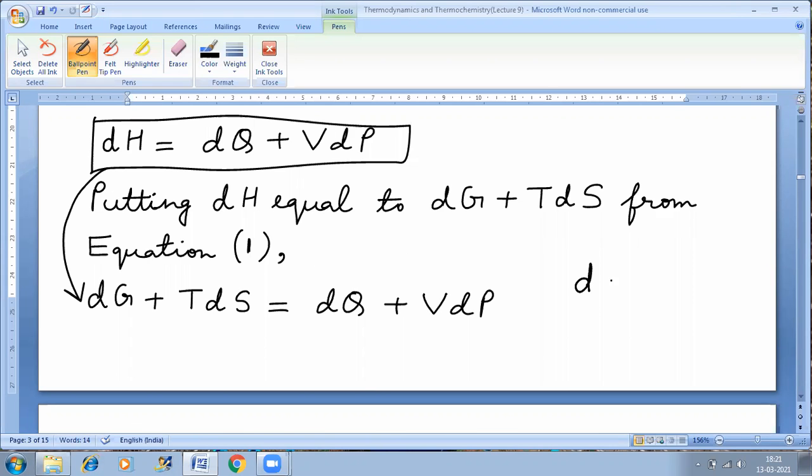Now from the definition of entropy, we know that dS is equal to dq upon T. dS is equal to dq upon T. So from here I can say that TdS is equal to dq.